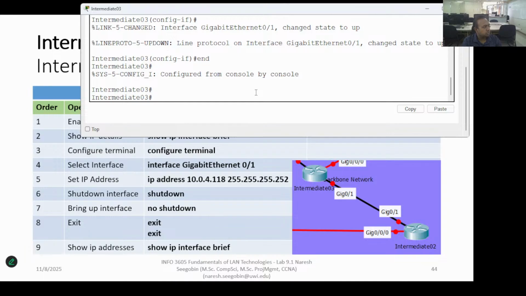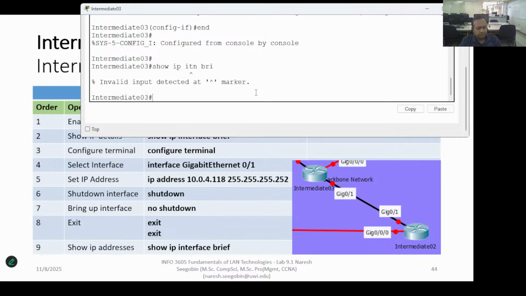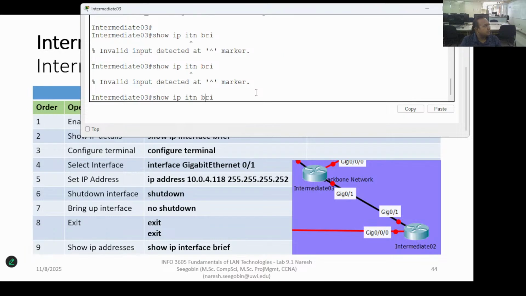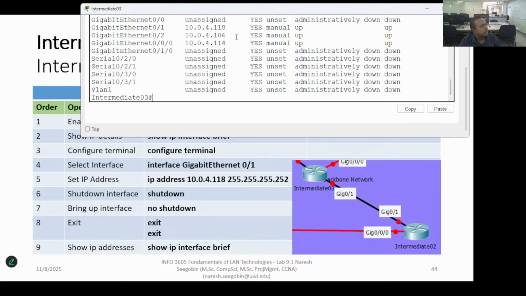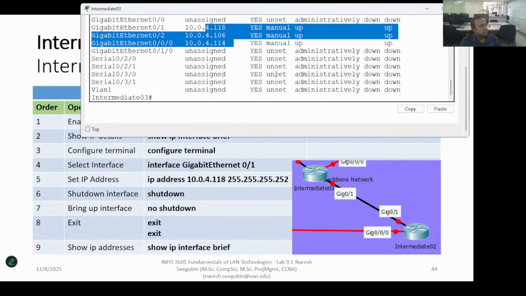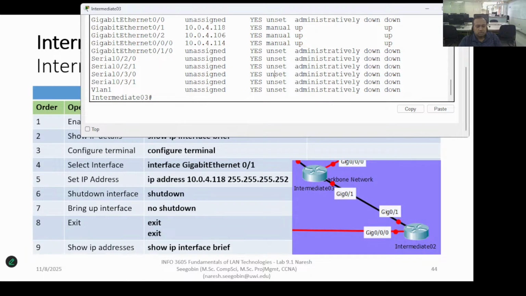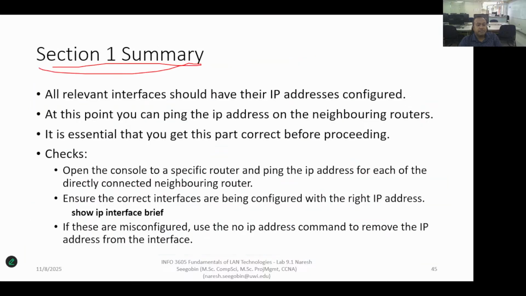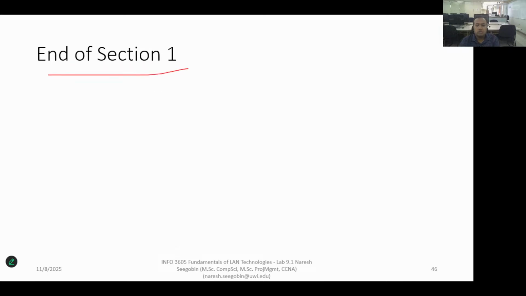I don't have to do no shut, but I just want to make sure I have it right. Three interfaces, all. At this point, this is the last router we have to configure, so everything's supposed to be in an up state. Right, which is good. Right, so we completed the section 1 summary with all the IP addresses and routers configured for the OSPF stuff. So this is the end of section 1.